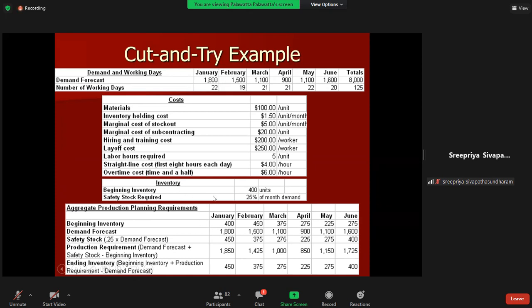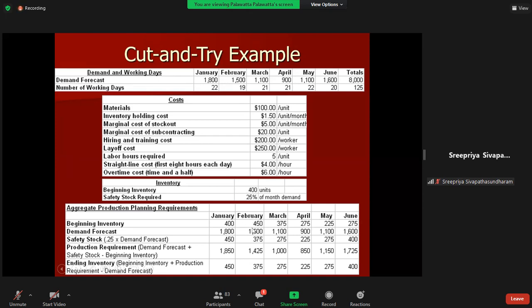Remember, we have to keep a safety stock 25% of month demand. So at the end of January, we have to keep 1,800 multiplied by 0.25. That is 450 units in the safety stock.